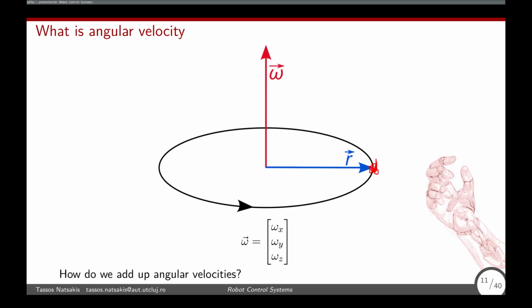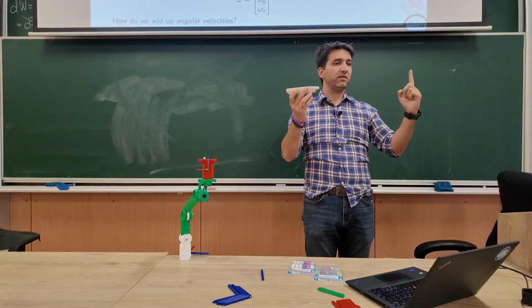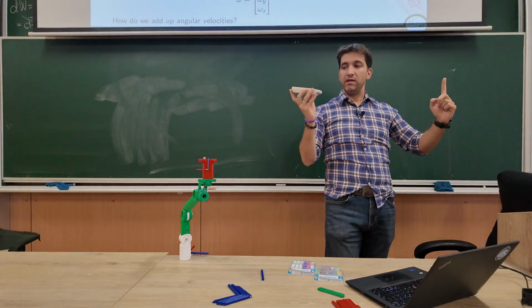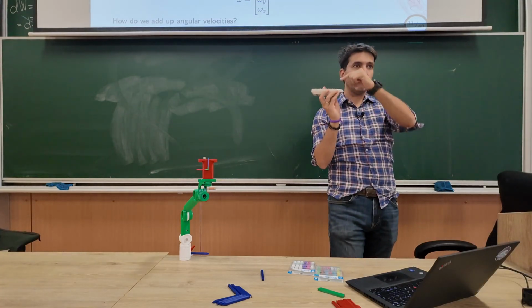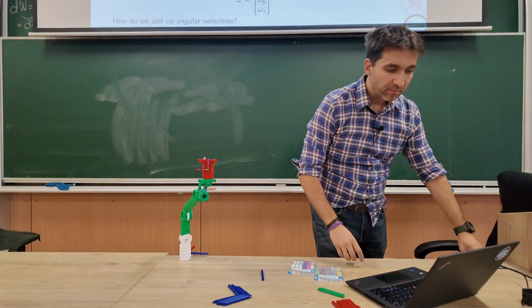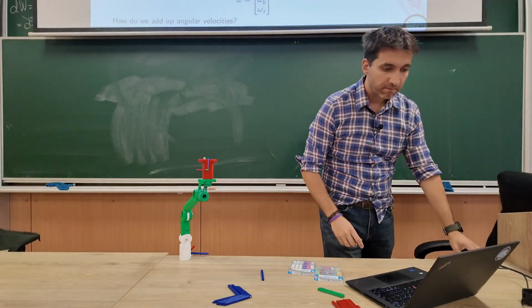Maybe it would be clearer if I draw not just a point, because a point makes rotation difficult to understand, but a remote control rotating around an axis. It changes orientation, so it rotates, but it also translates, because the position of the remote control also changes. Since the position changes over time, I have some velocity.